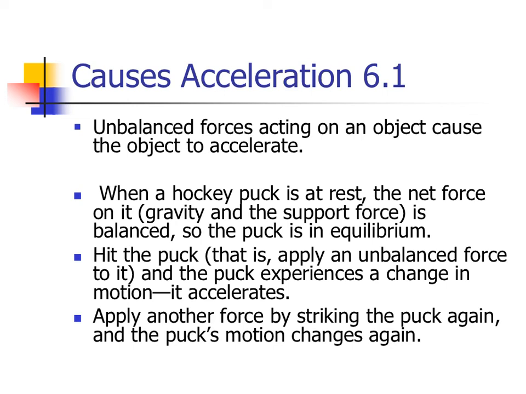We use a hockey puck on ice because there's not a lot of resistance, but there is some. But there is a large unbalancing of forces. Once that puck starts sliding down the ice, eventually it does slow down a little bit. So the frictional force starts to show up, until somebody hits it again.